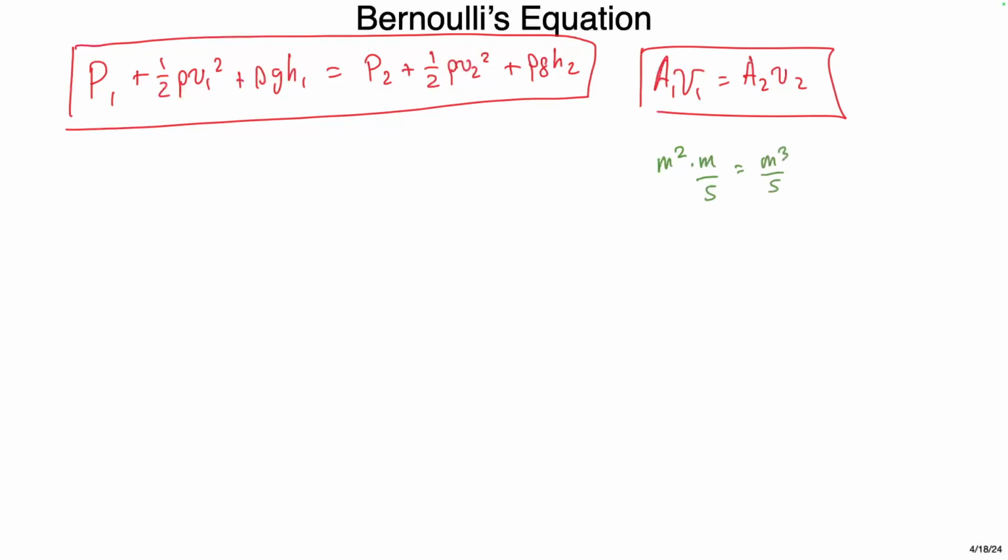So this equation of continuity just tells us that we can't be magically creating water out of nothing. Whatever water you've got flowing in your pipe, volume per time, must stay consistent regardless of how the size and shape of the pipe changes.